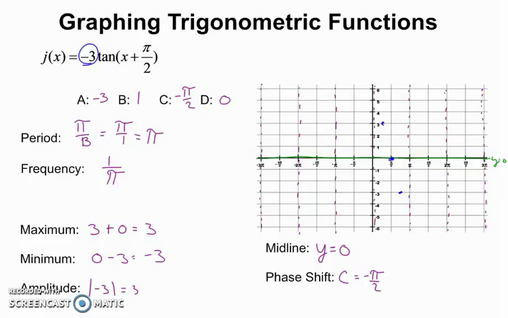And then all we have to do is come from the asymptote. That wasn't drawn very well. Let's try that one more time. Come through the asymptote, through the middle, and approach the next asymptote. And we do that with each of the areas there. So here and down here.